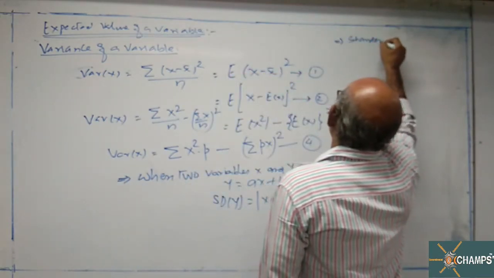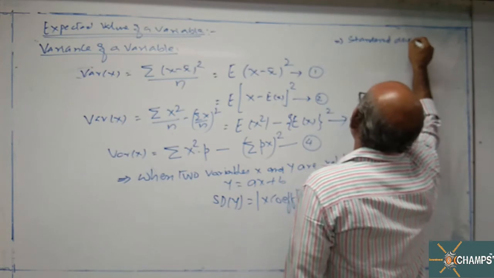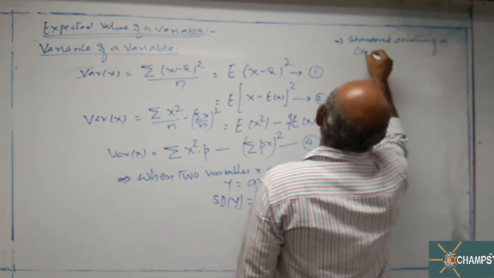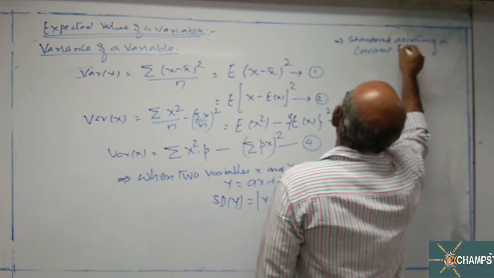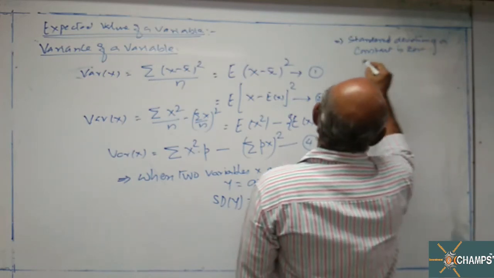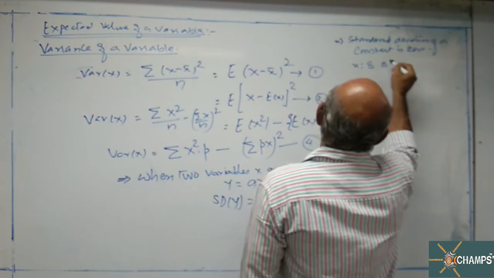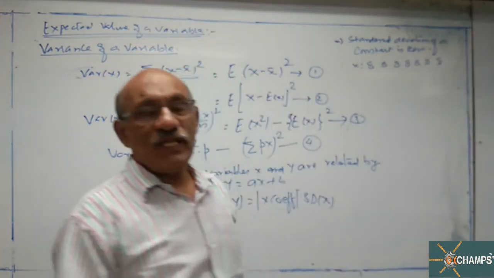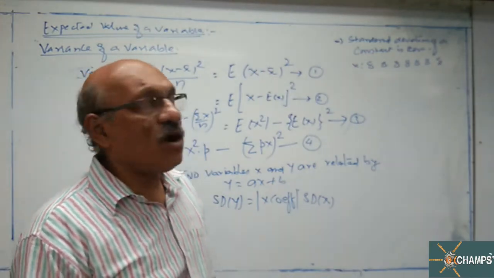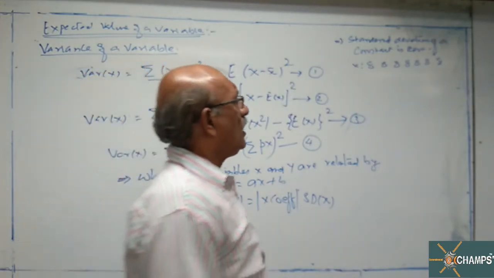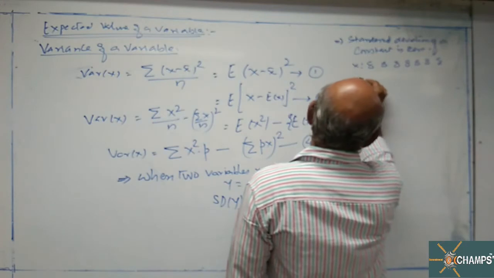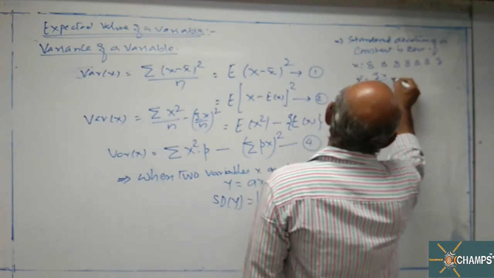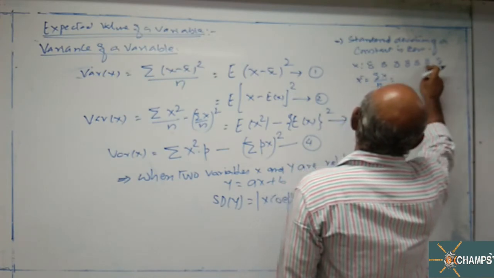Standard deviation of a constant is 0. It means when the variable x is assuming a constant value, then x bar is equal to summation of x by n.